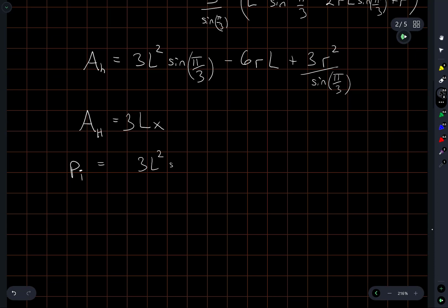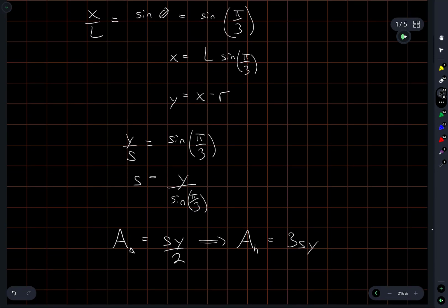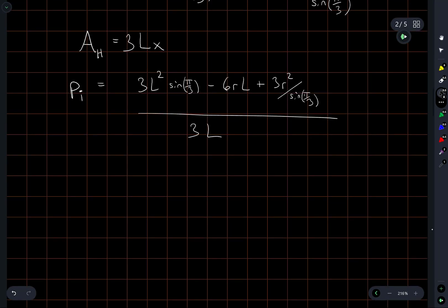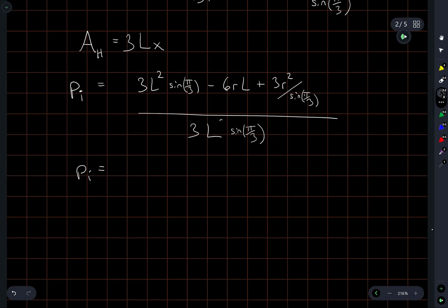3L squared sine pi over 3 minus 6RL plus 3R squared, divided by sine pi over 3, divided by 3L. I had an expression for x, didn't I? X is L times sine pi over 3. Okay, so the probability is equal to, I'm missing an L here, I'll just put it squared.